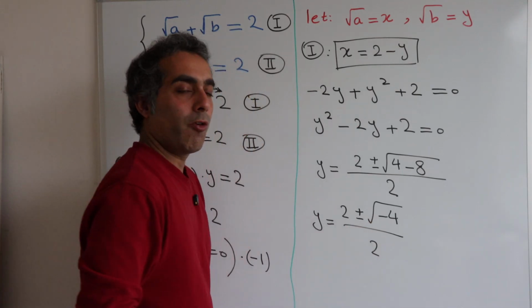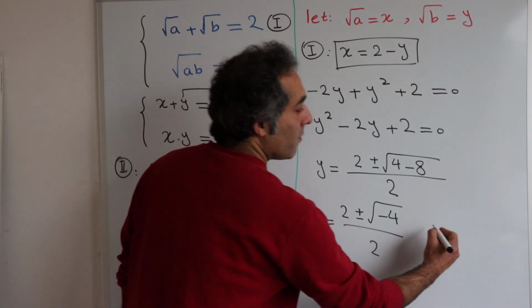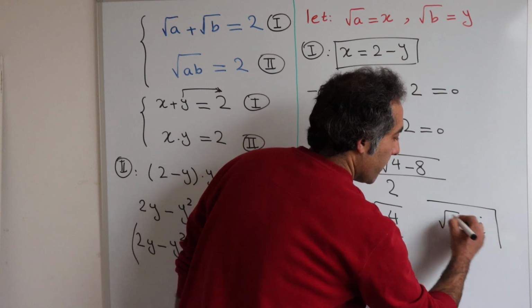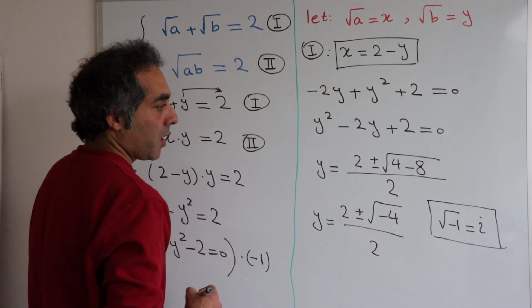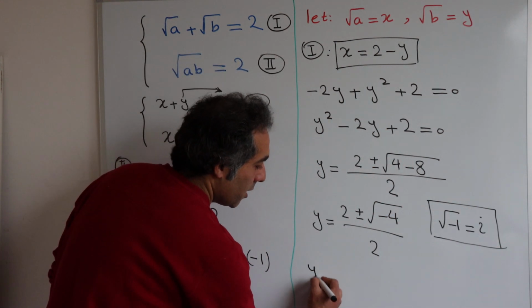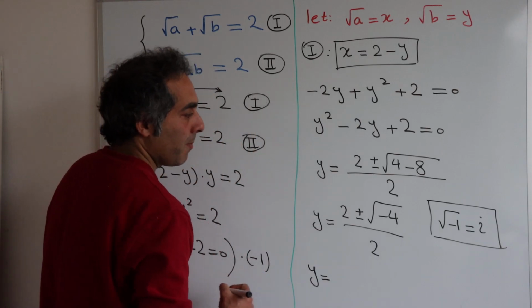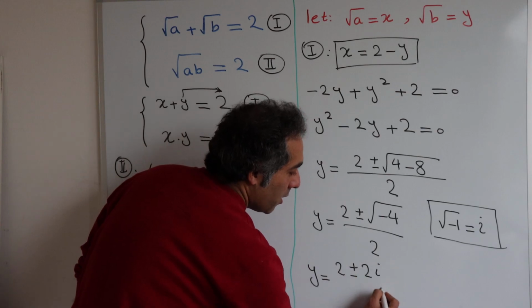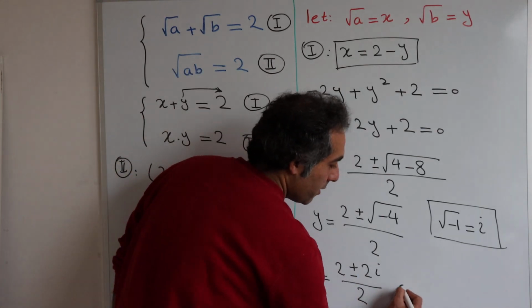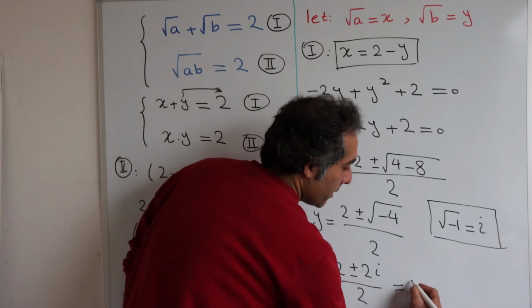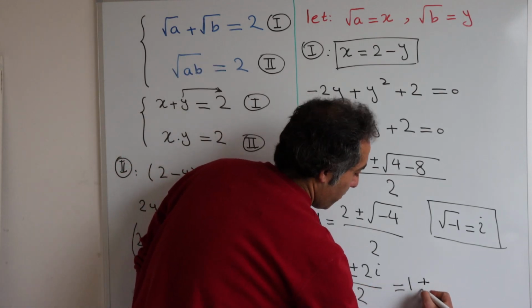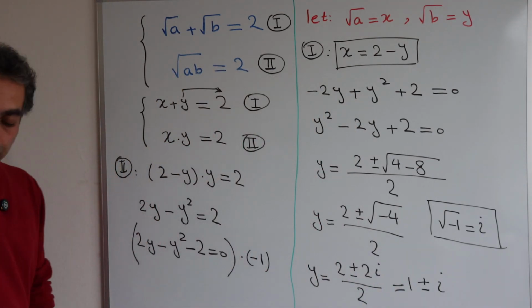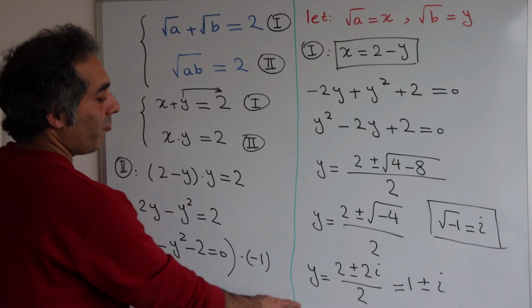The square root of 4 is 2, but the square root of minus 1, as the definition of the imaginary number, is i. So you have y equals 2 plus minus 2i over 2, or by dividing by 2, 1 plus minus i. Okay, these are our answers or roots for y.